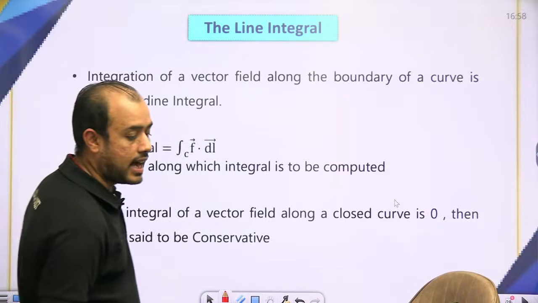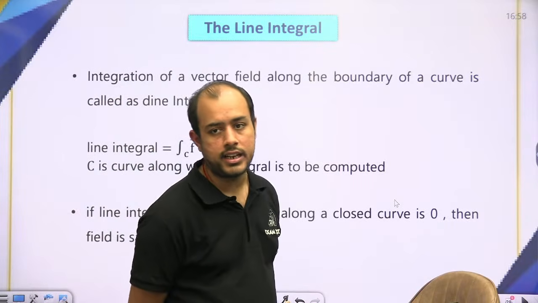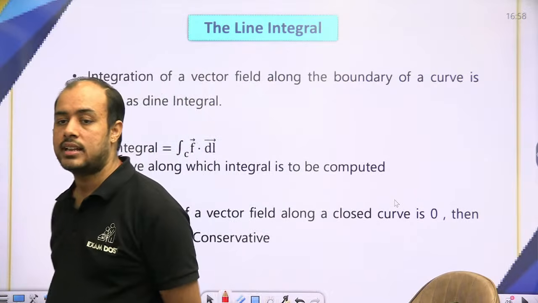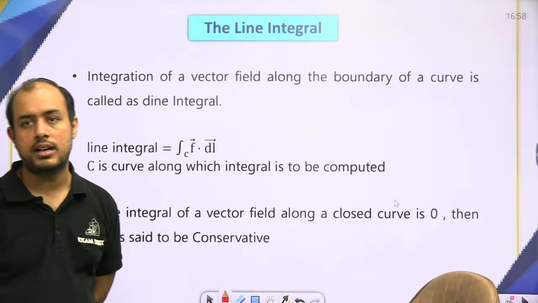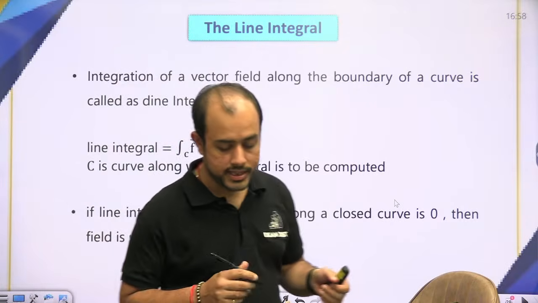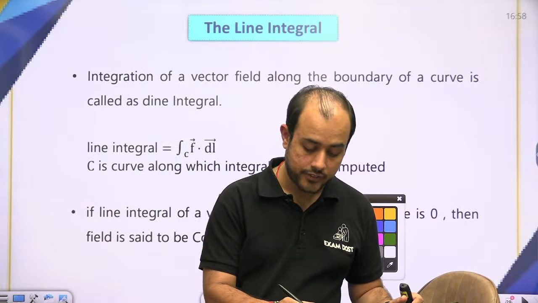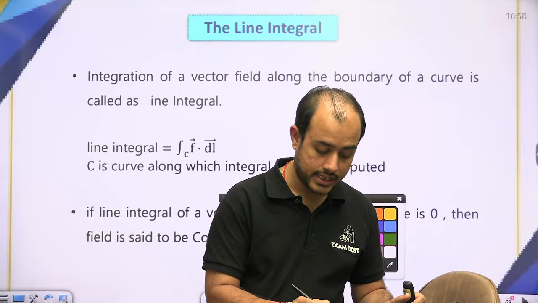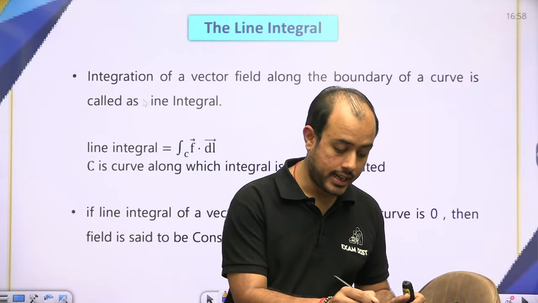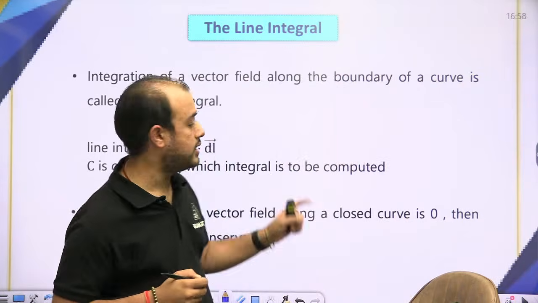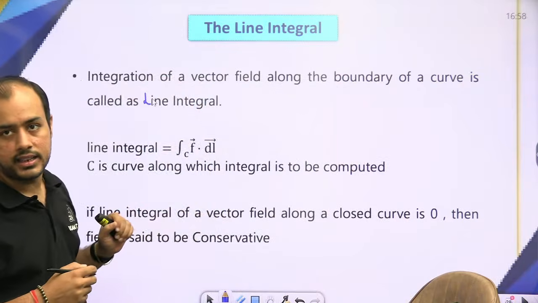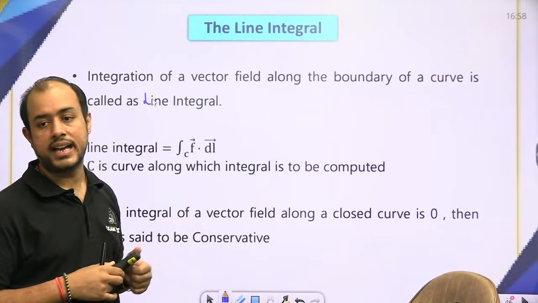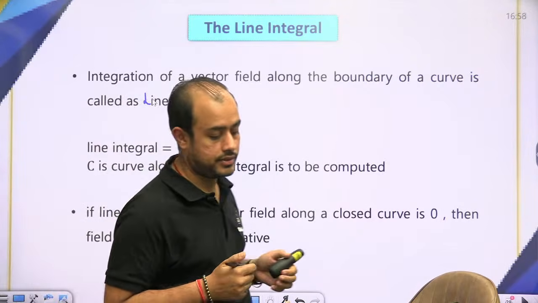Now, what is the line integration? As I told, it is the integral of a vector field component when you take it along the tangent to a curve. ठीक है, कंपोनेंट जब लोगे एक वेक्टर फील्ड का कर्व के टेंजेंट के अलोंग, उसके इंटीग्रेशन को कहा जाता है लाइन इंटीग्रल. So you write it as integral F dot dl. dl vector is nothing but the small length whose direction is tangential to the curve.